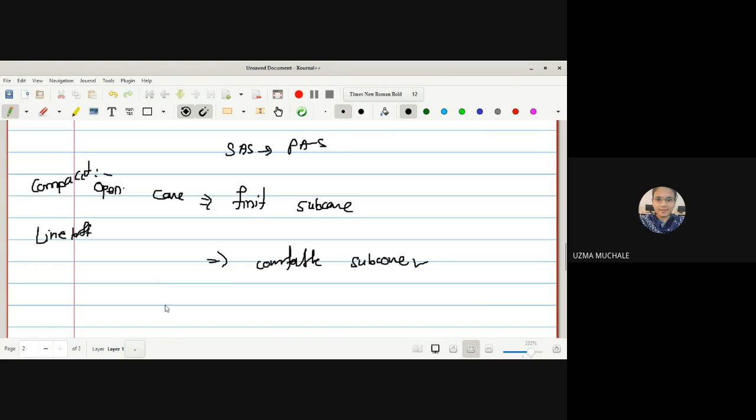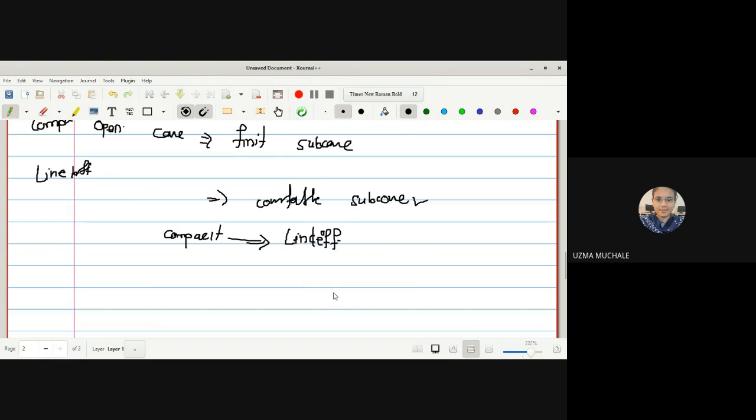So in this way, we can say that every compact space is a Lindelof space. Whatever theorems we have seen related to compact spaces are going to satisfy this condition. That is, every compact space is a Lindelof space, because finite can be countable, but the property of countable will not be true for finite, right? Every compact space is a Lindelof space.